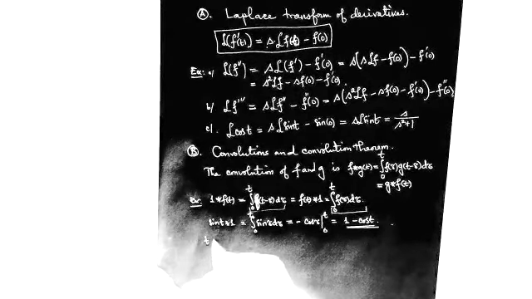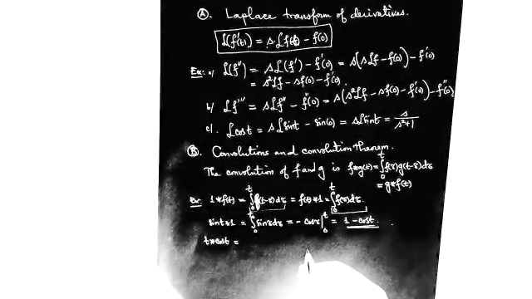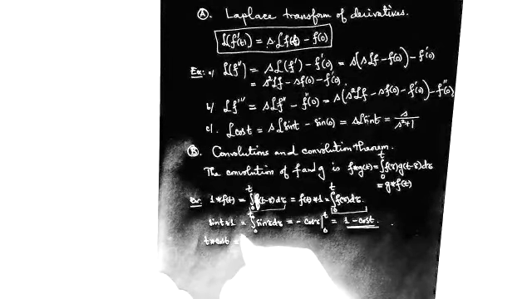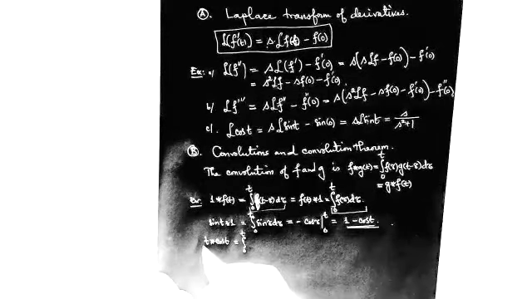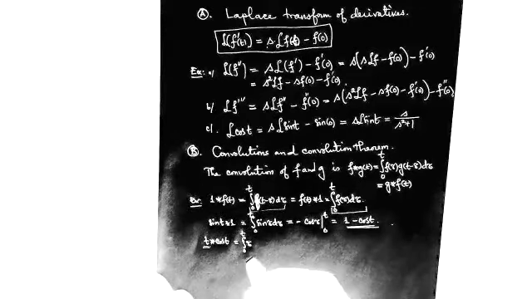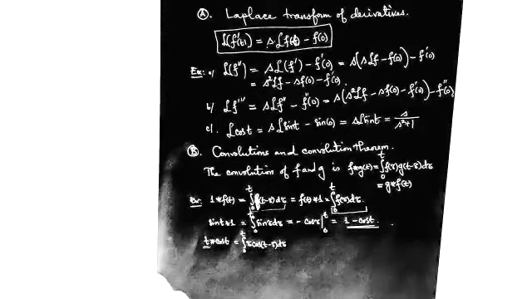If I say t star cosine t, that's going to be the integral from 0 to t, f is tau, cosine of t minus tau d tau.